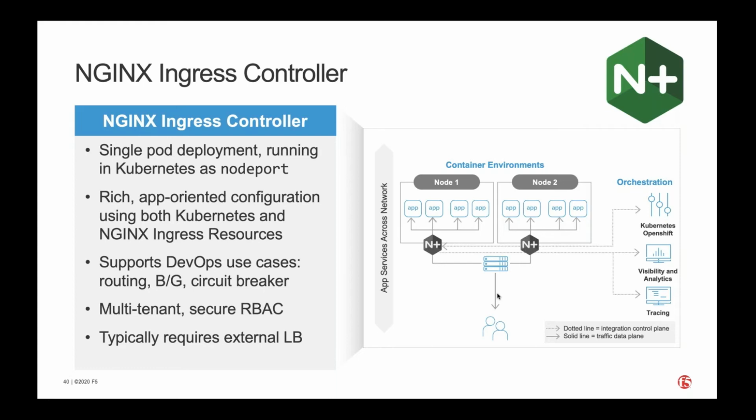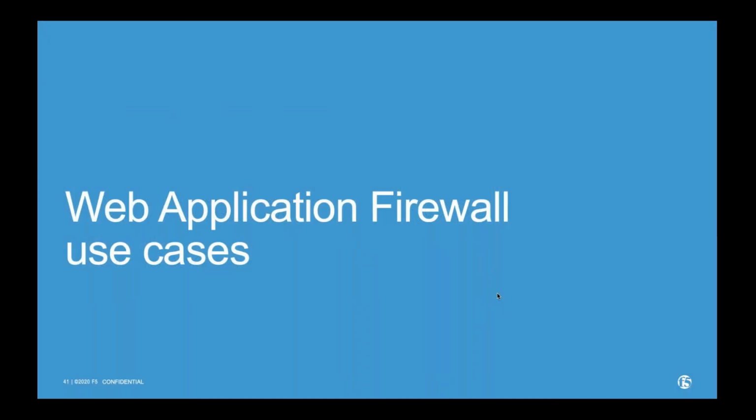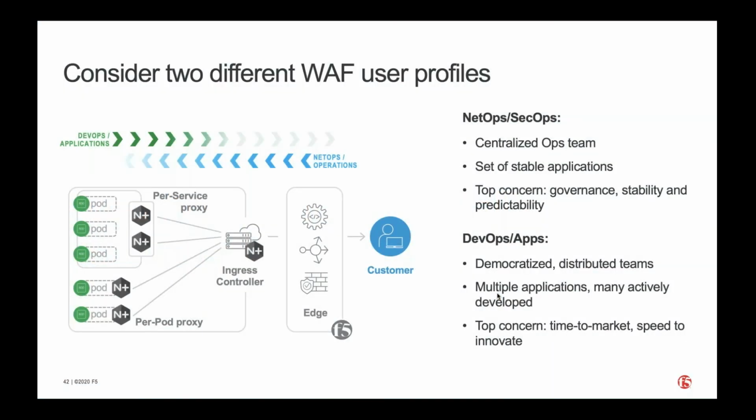A simple example can be web application firewall. We have different web user profiles, and these profiles can be from our DevOps teams or from our NetOps teams. Our NetOps teams like to have a WAF profile centrally, while the DevOps teams want to have a profile closer to their applications itself.